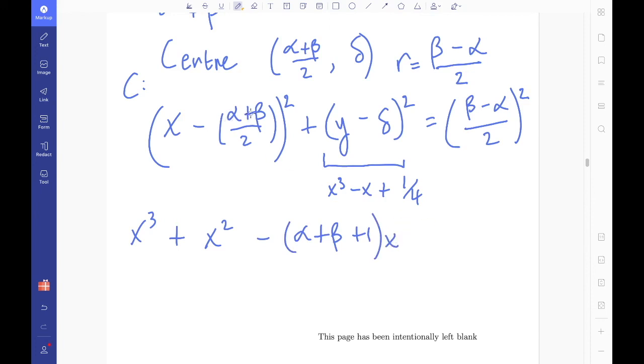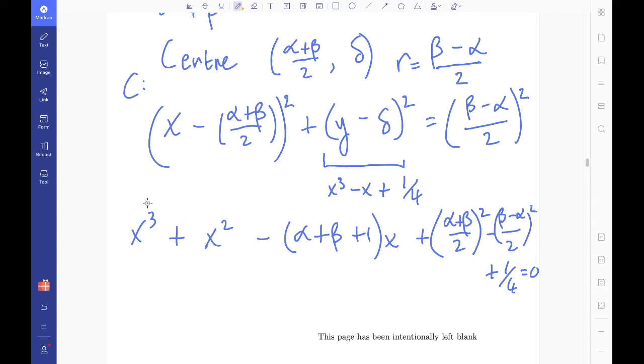Then we'll have (alpha plus beta over 2) squared minus this plus 1/4. So if I do all of that, I'll get (alpha plus beta over 2) all squared minus (beta minus alpha over 2) all squared plus 1/4 equals 0. Okay, so now we have an x squared term.